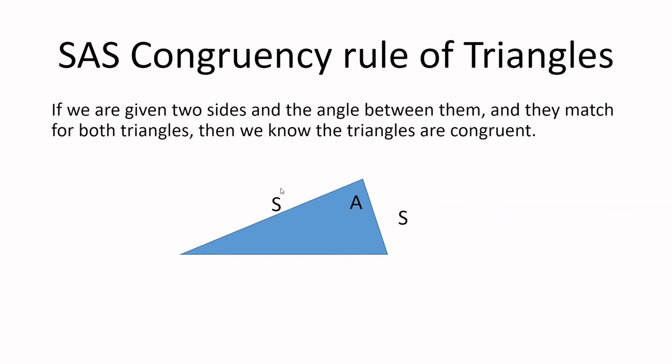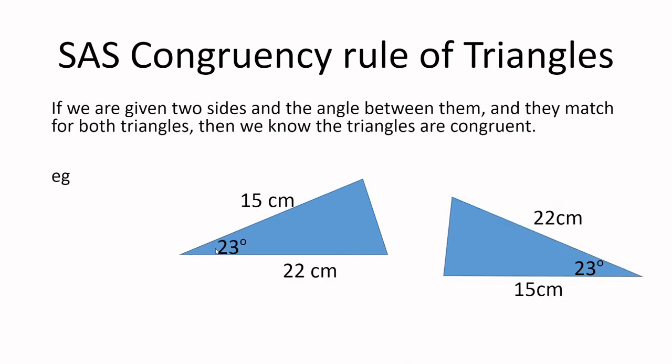The angle is between the 2 side lengths given. Or I could have given you this side, an angle, and this side. Those are all examples of me giving you SAS, a side, an angle, and a side. However, if I gave you this side, and then this angle, that wouldn't be SAS, that would be SSA. That's something completely different.